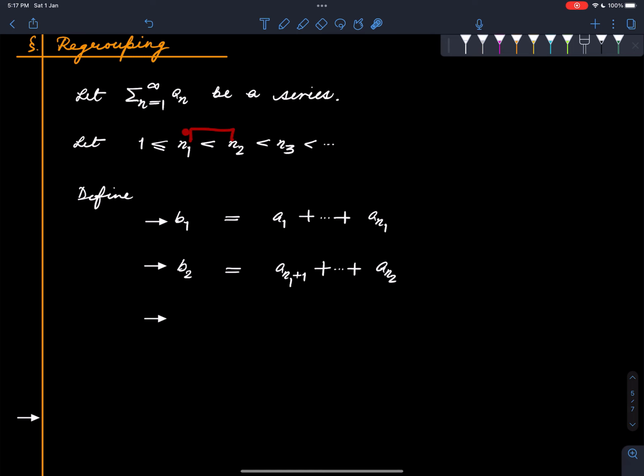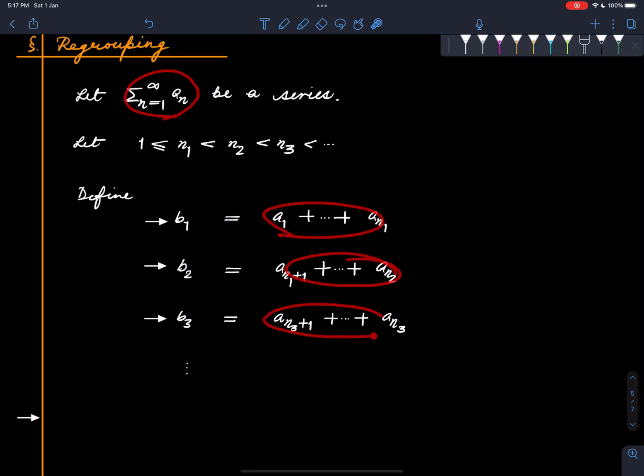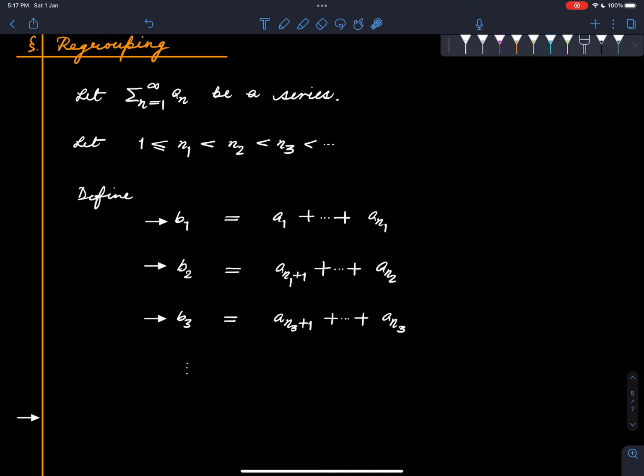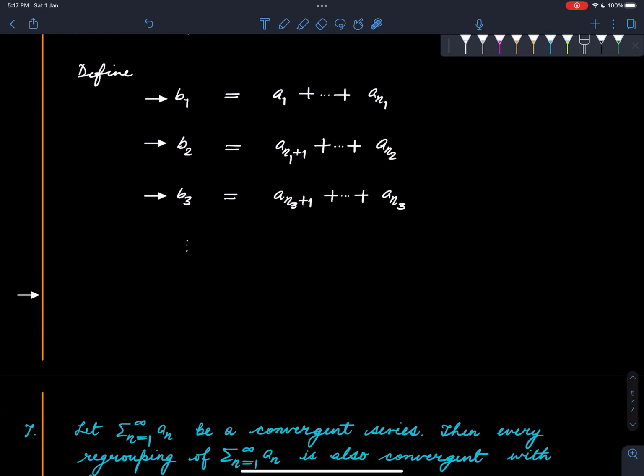So the indices 1 to n1 we have assimilated here, the indices corresponding to this interval we have assimilated here, and so on. We have just clubbed things from the series in some packets, and we have formed a new sequence, and hence we have given rise to a new series.